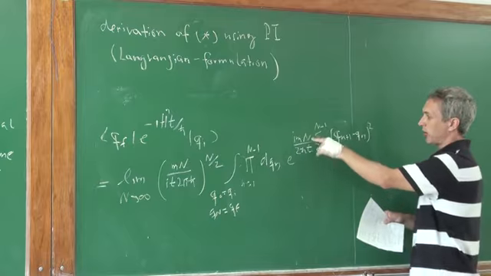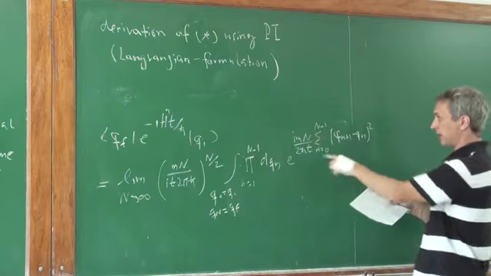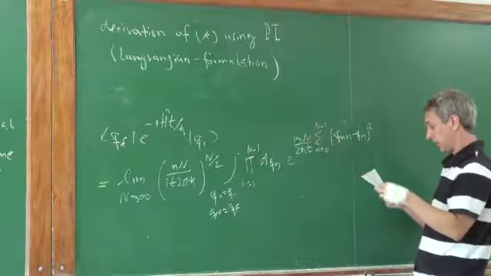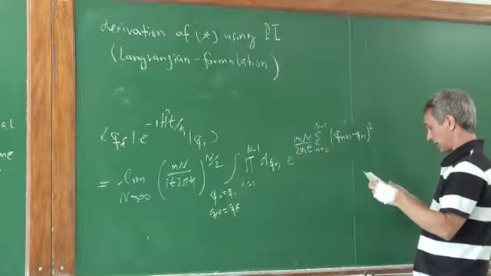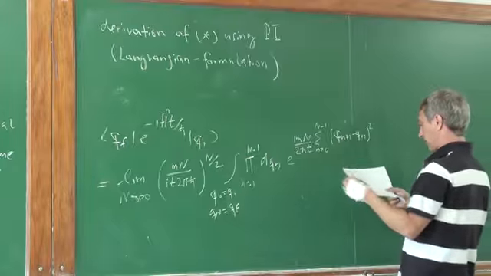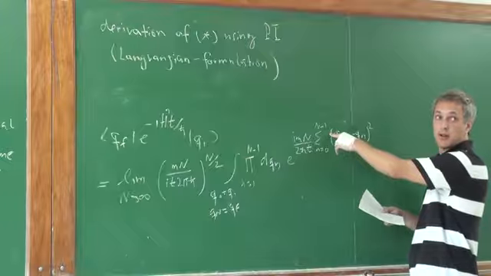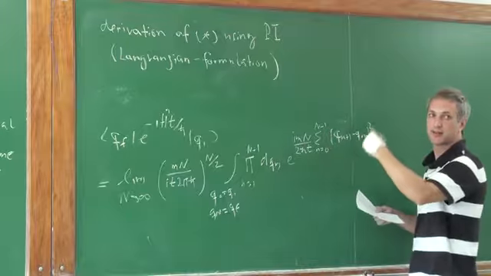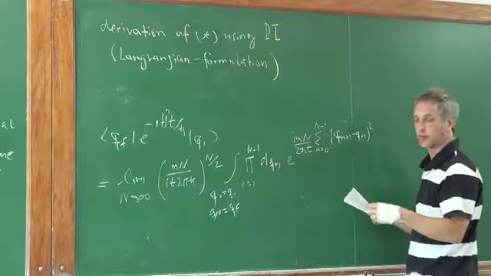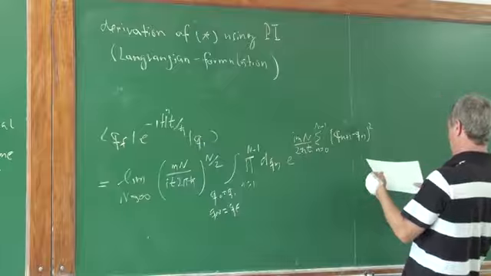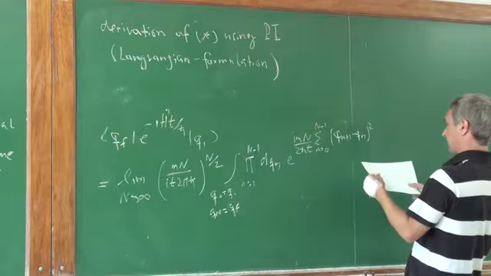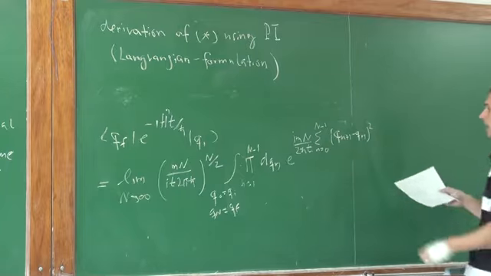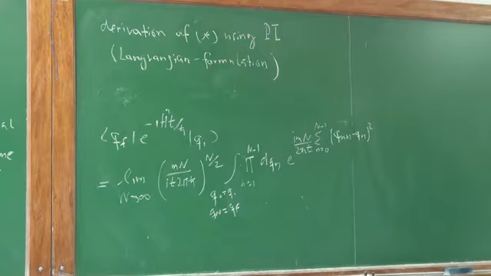There's a 1 over t because we have one t over n, from writing the integral over time as a discrete sum. So this is just the discretized version in time of the Lagrangian.